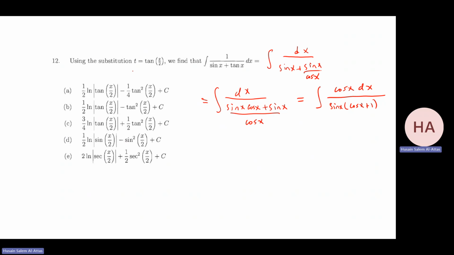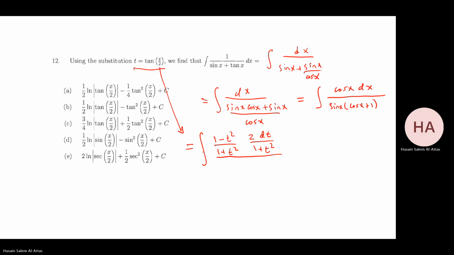Okay, so now the substitution. I have cosine is 1 minus t squared over 1 plus t squared. dx is 2 dt over 1 plus t squared. All of this over what? Sine, which is 2t over 1 plus t squared, and cosine x plus 1 is 1 minus t squared over 1 plus t squared plus 1.